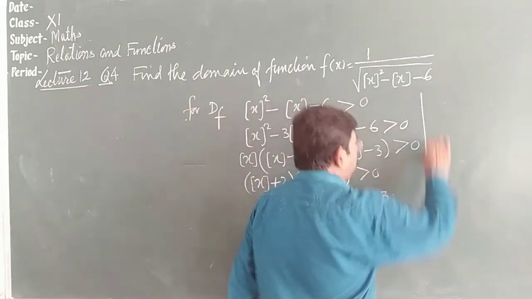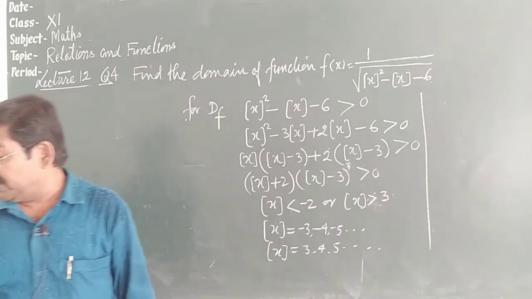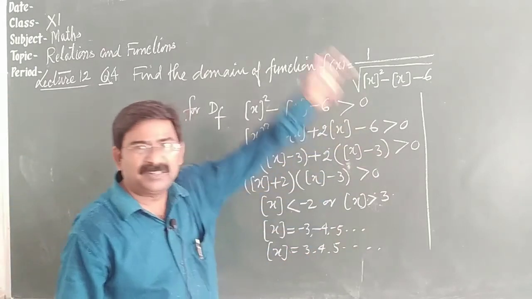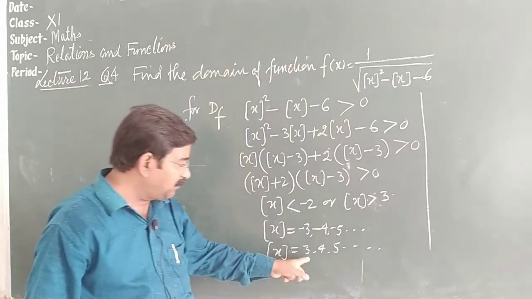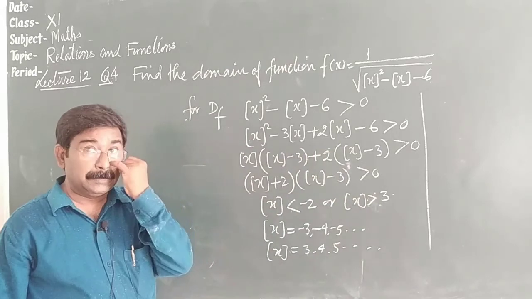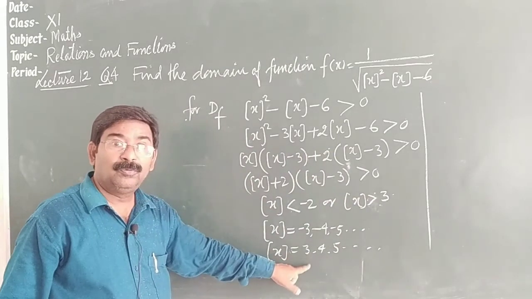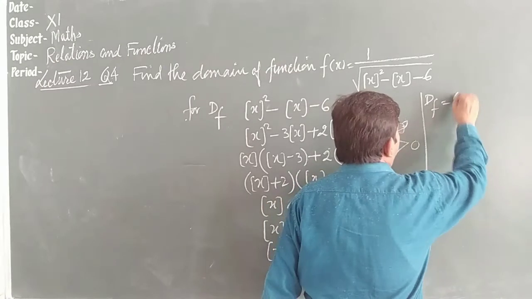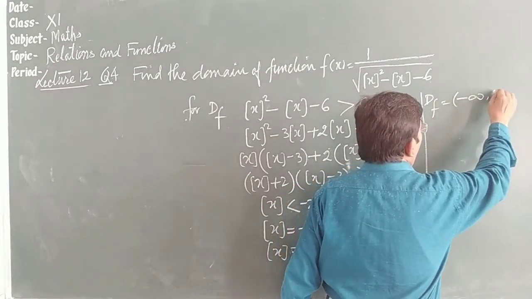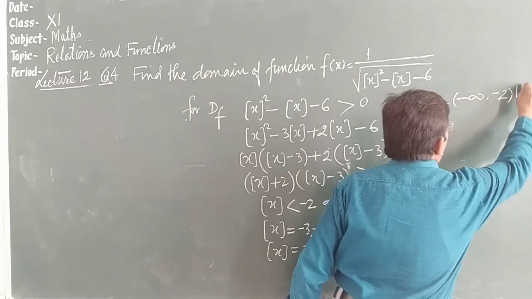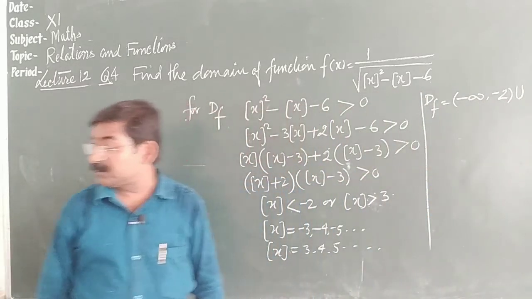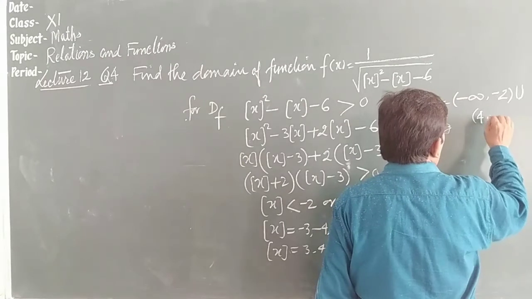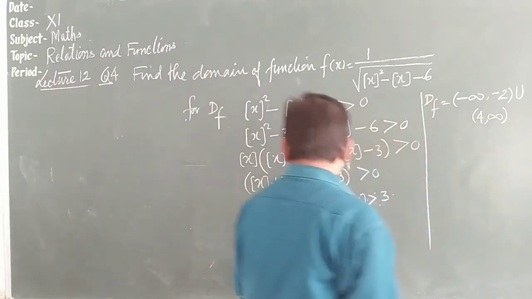So what is the domain of the function? We have −3, −4, −5 going down to minus infinity, and here we have 4, 5, 6 and so on. So the domain of the function is minus infinity to −2 union 4 to infinity, because it is more than 3.